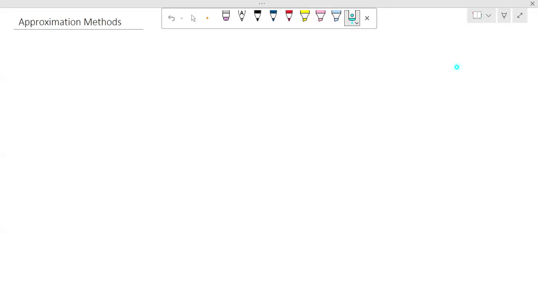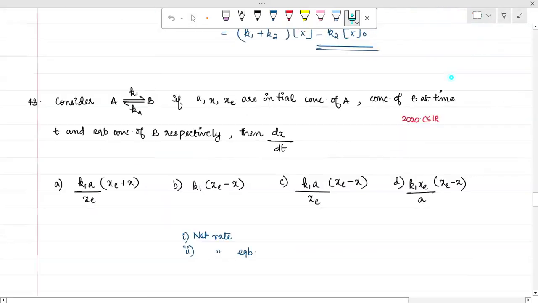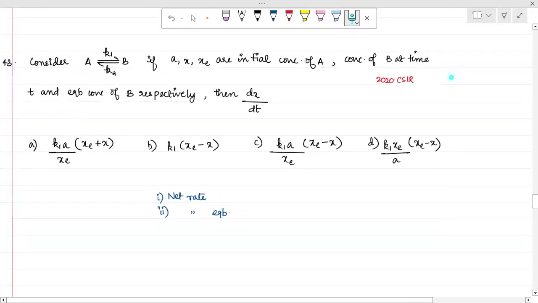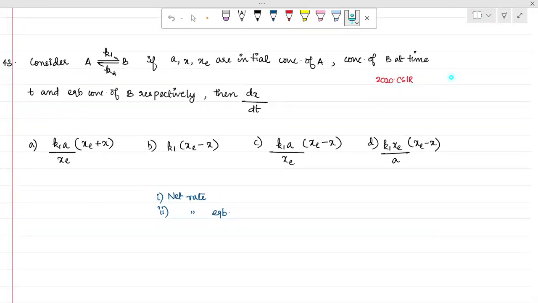Before moving to the topic, let's discuss the answer to one homework question which was given. So this was the question. Consider a reversible reaction. This is where A becomes B with the rate constant of K1 and B becomes A with the rate constant of K2.